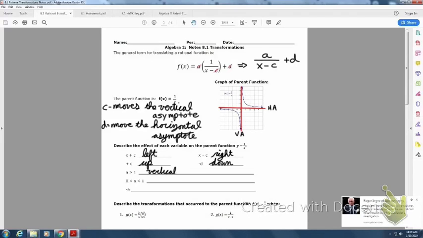Stretch. Between 0 and 1, it is going to vertically compress. And if A is negative, reflect over the what axis? X-axis.